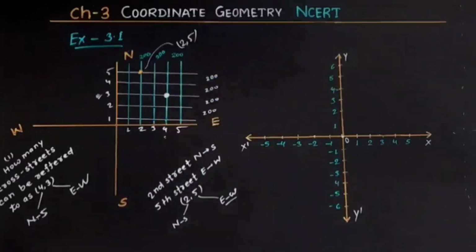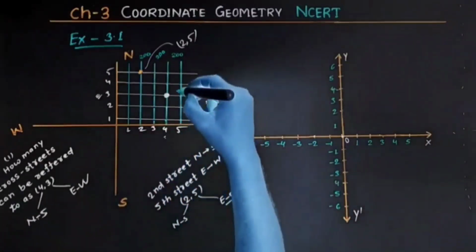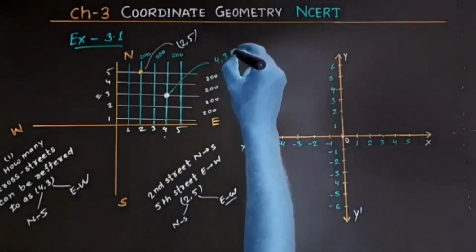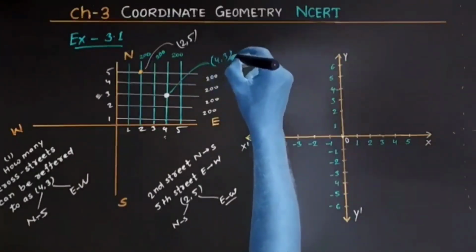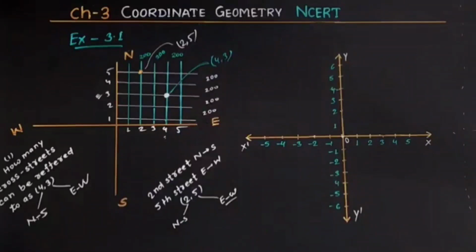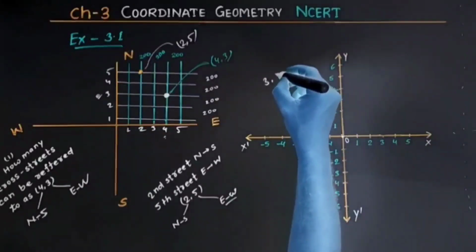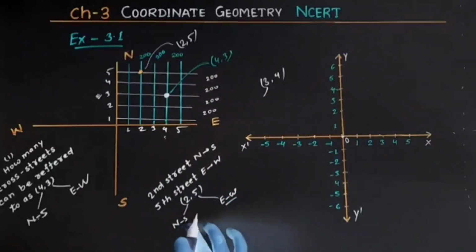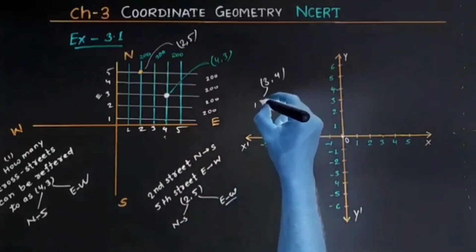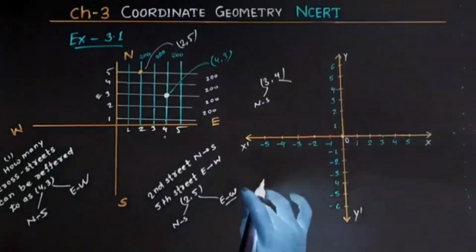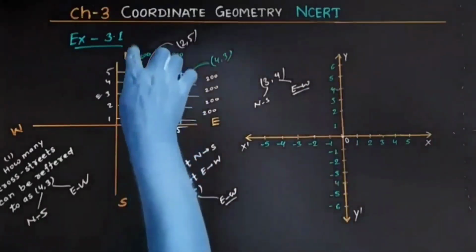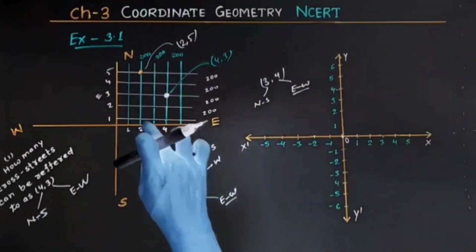While moving from north to south, you get 4, that is your x coordinate, and the coordinate of this point is 4 and 3. 4 is from north to south and 3 is from east to west. 3 is known as abscissa, that is known as x coordinate. 4 is known as y coordinate, or you can say ordinate. 3 is from north to south and 4 is from east to west.